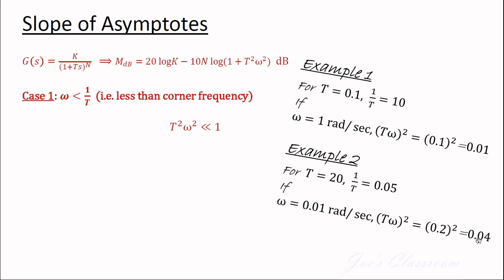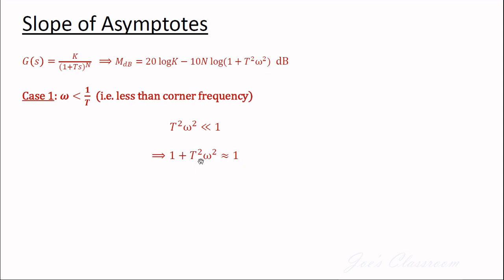The cases are shown here. In that case, if I take these two terms, this one is going to dominate. Therefore, I can neglect this T square omega square. If I neglect it, the entire term is almost equal to 1. If I replace this entire term with 1, this is going to be log 1 and this term is going to vanish.